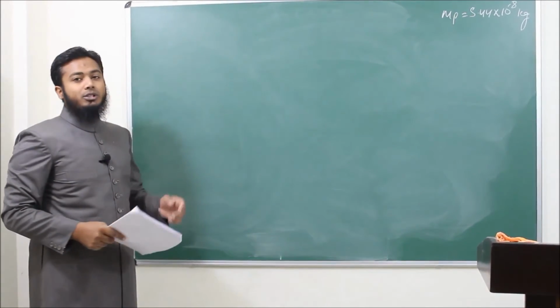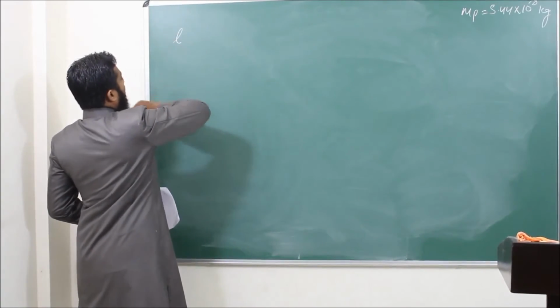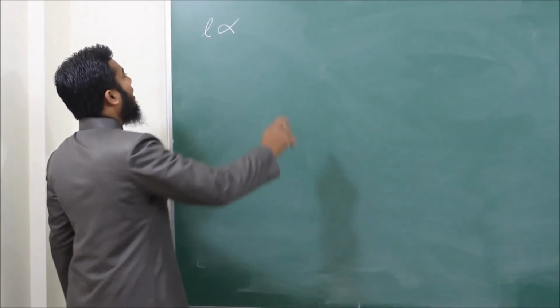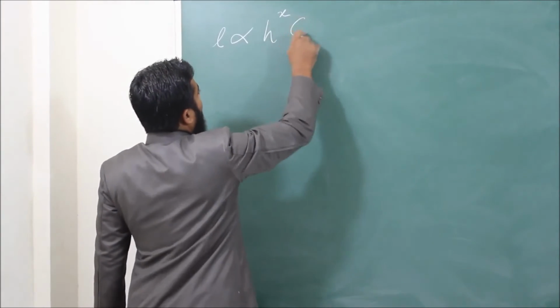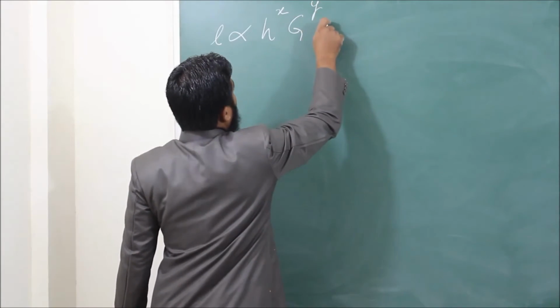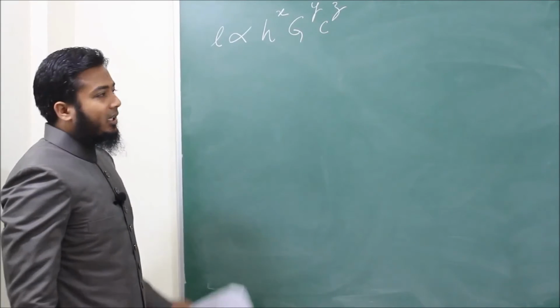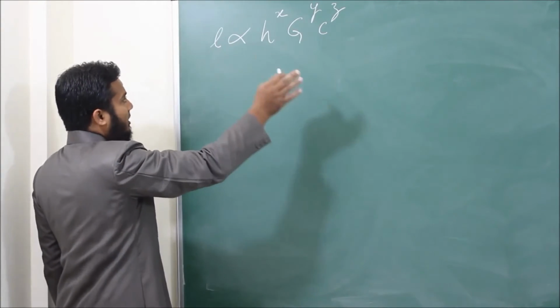Now, this time we are going to derive dimensional formula of length in terms of h, G and c. So I would again say that L is directly proportional to h to the power some x, and G to the power some y, and c to the power some z. Then dimensional consistency tells us that dimension on both sides should be equal.